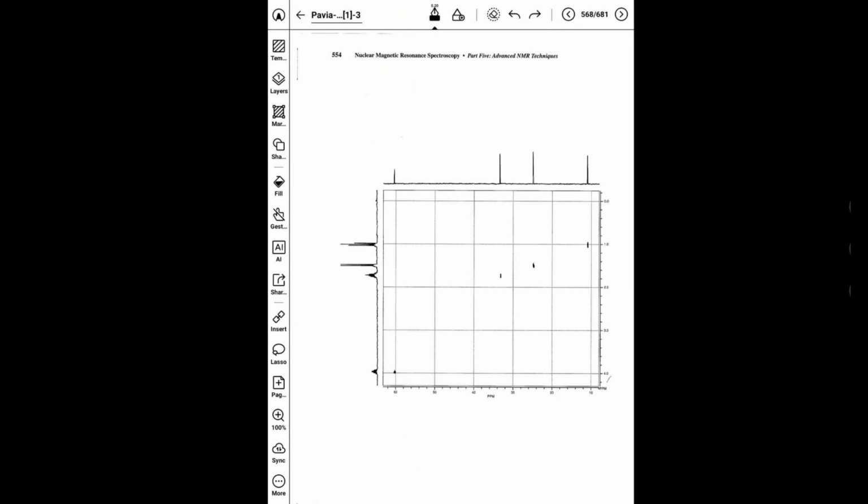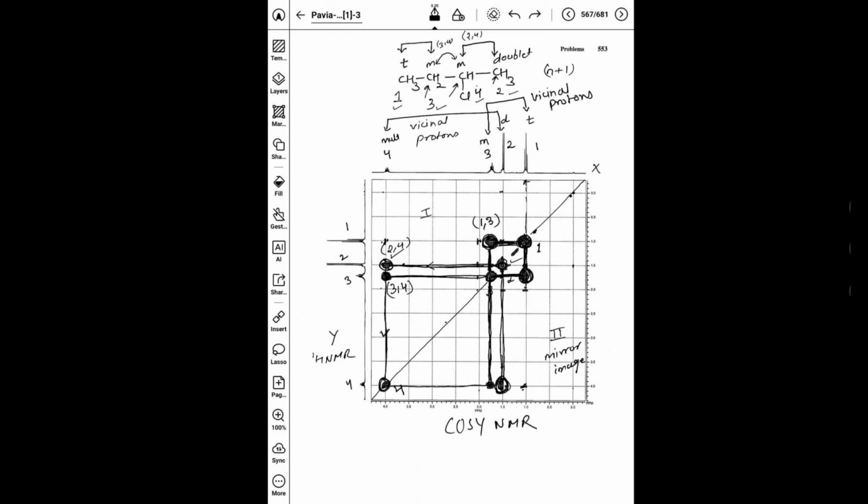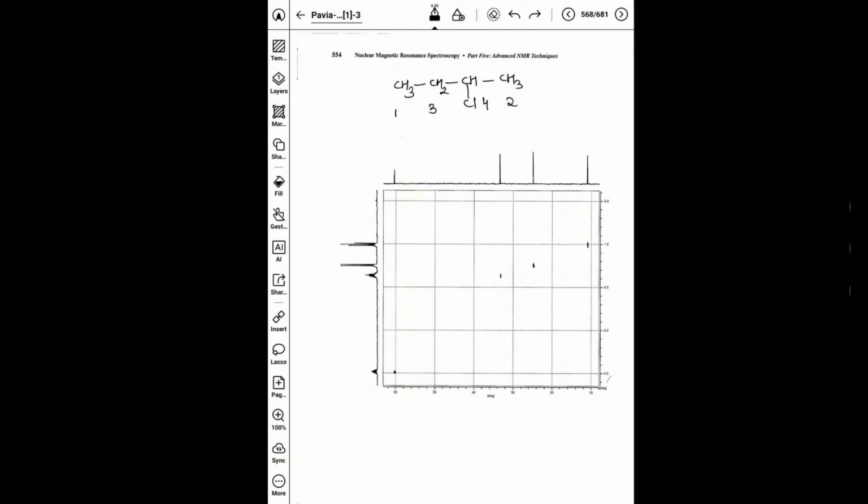So what I am saying, we have this molecule and we managed to assign the protons to this molecule. This one was 1, this one was 3, this one was 2, and this one was 4, right? So this is 1, 2, 3, 4.